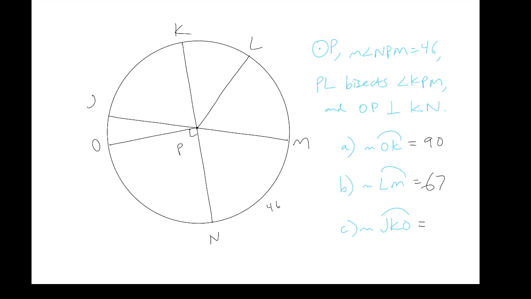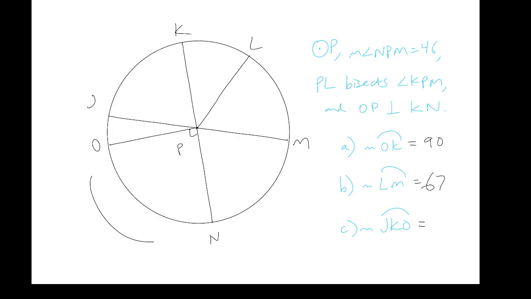Now we're looking for J, K, O all the way around. So how are we going to find that? How is this going to be found? Well, effectively, if I know that this guy's 46, with JM and KN, isn't this also going to be 46 degrees?